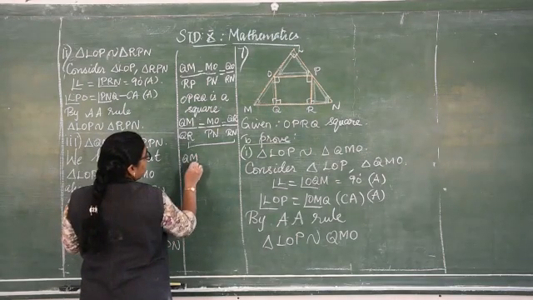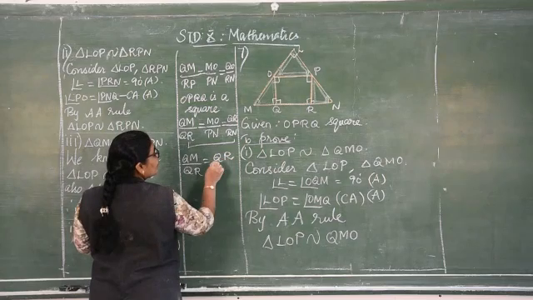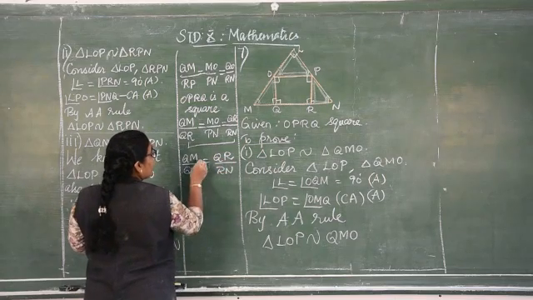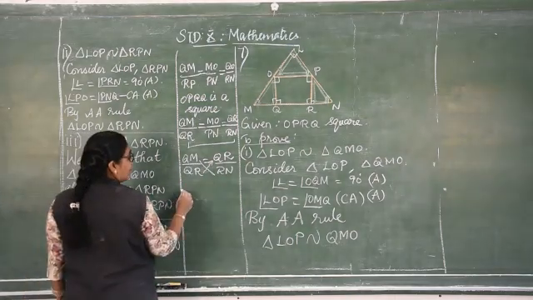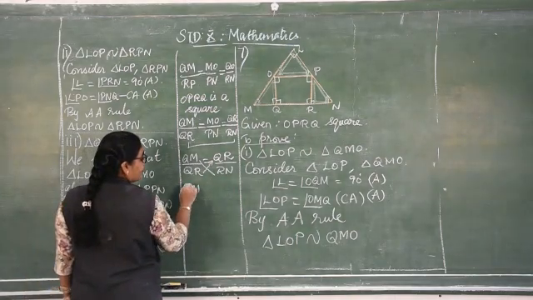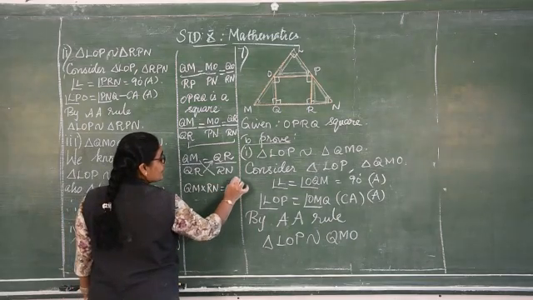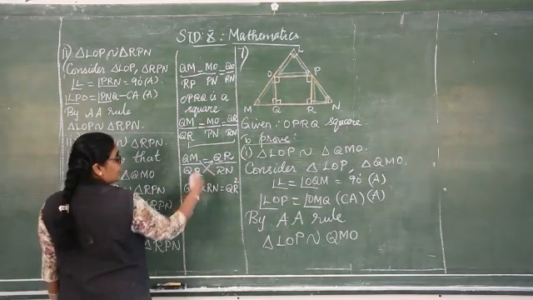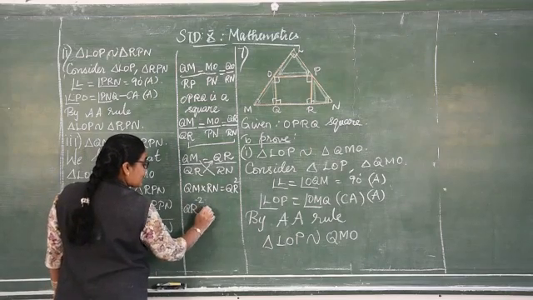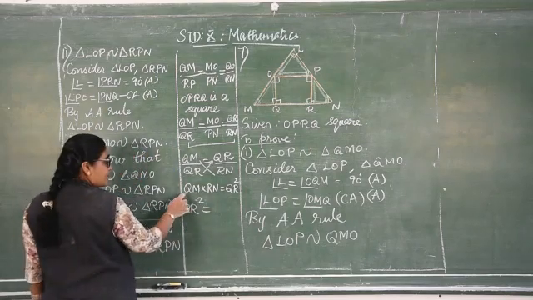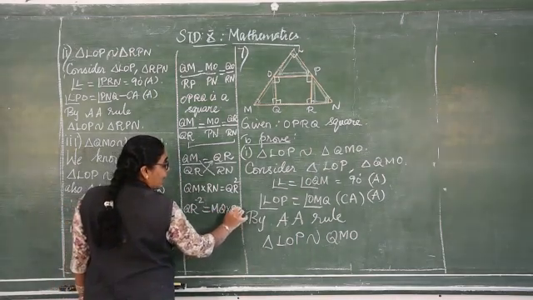Now compare these two alone. So QM by QR is equal to QR by RN. Cross multiply. What will you get now? This one. QM into RN is equal to QR square. QR into QR. So again rewritten. QR square is equal to MQ, that is QM can be written as MQ into RN.